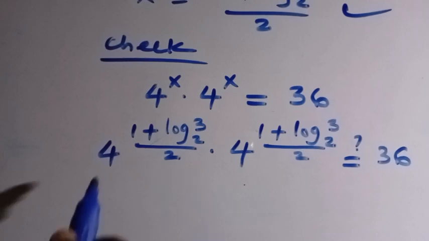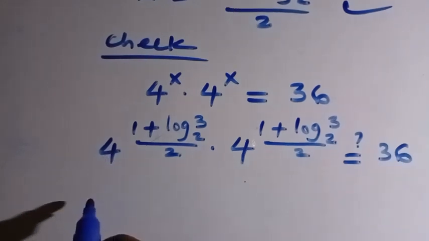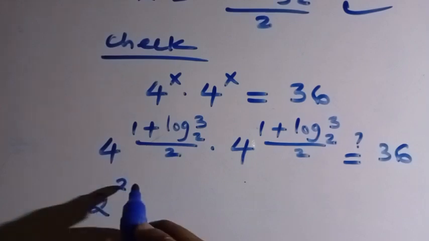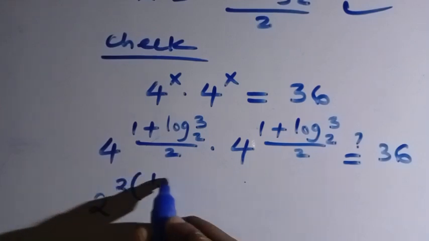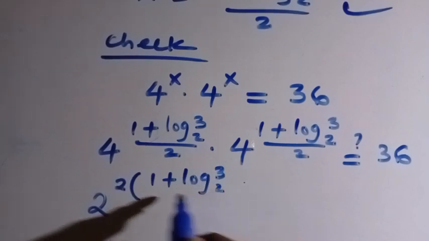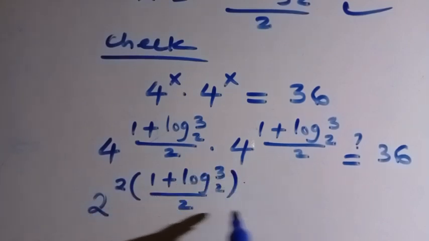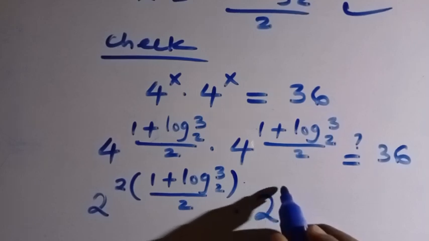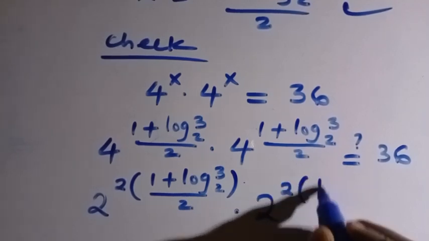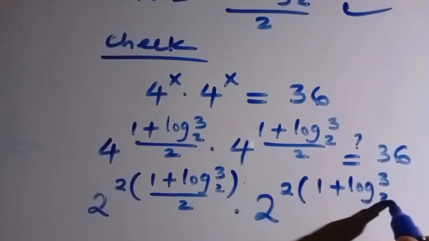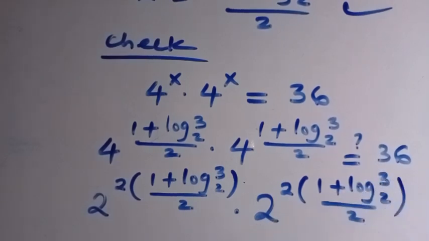So from here, 4 we can write as 2 to the power of 2, then multiplied by 1 plus log 3 base 2 divided by 2, multiplied by 2 to the power of 2 into bracket of 1 plus log 3 base 2 divided by 2.